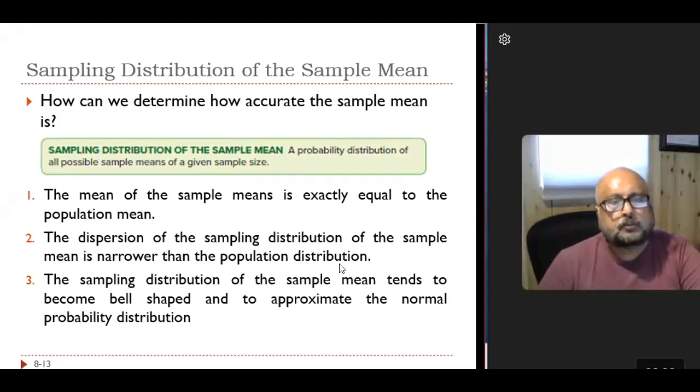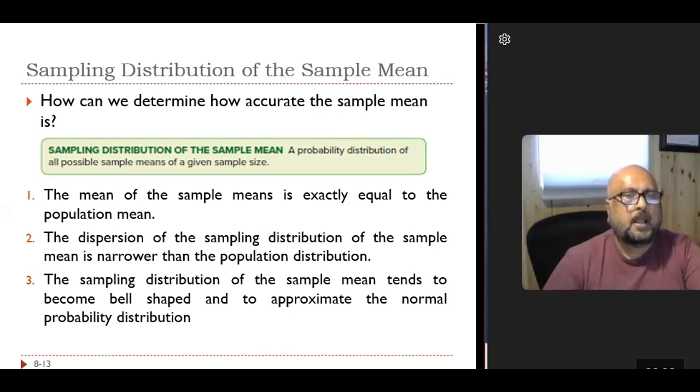So we have multiple samples, and we find their means. We can plot those means also. So we can have a sampling distribution of sample means. You can find all the means of all possible samples, and then we can plot them.